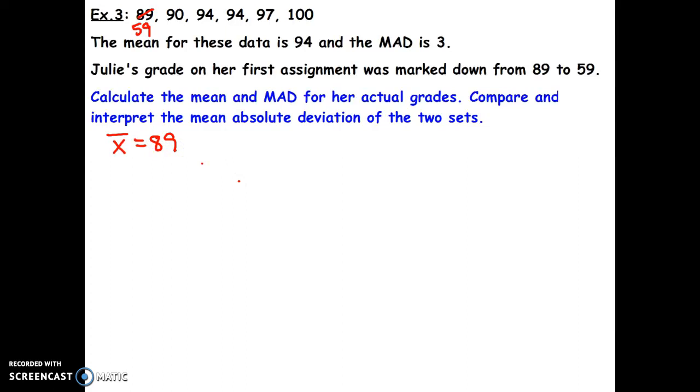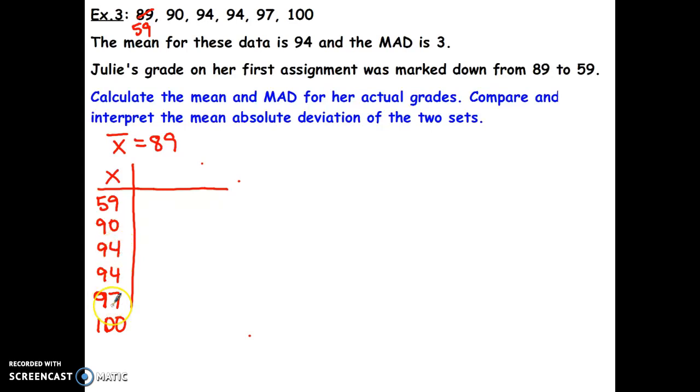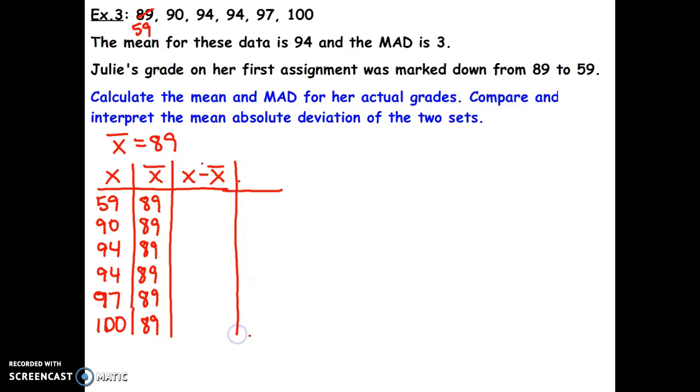All right, now let's go to calculate the MAD. So first we're going to list our X values. 59, 90, 94, 94, 97 and 100. And our mean, 89. All right, let's go ahead and find our differences, our X minus our X bar.